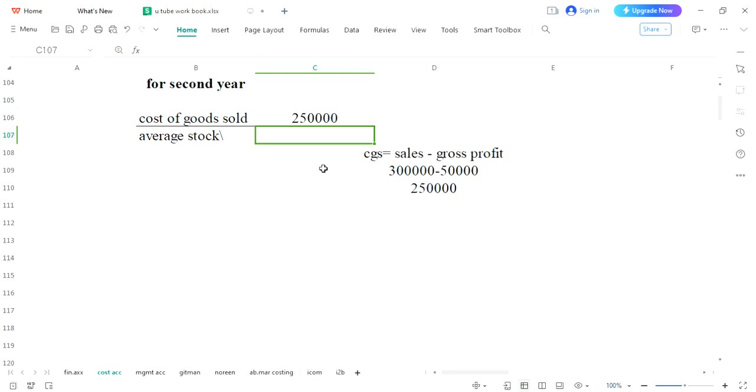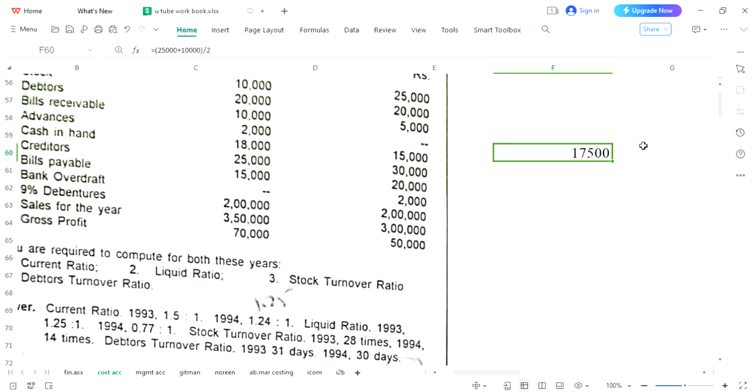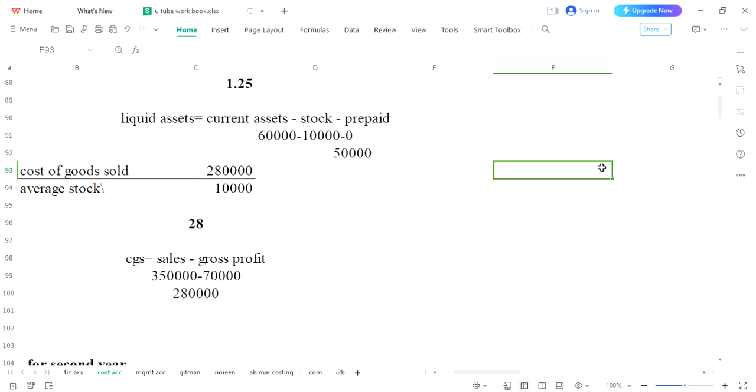This is what we have calculated above. You can see over here how you will calculate your average stock for the second year. Please note, this one is your stock 25,000 and 10,000. Opening plus closing, closing plus opening divided by 2. So we have got 17,500.